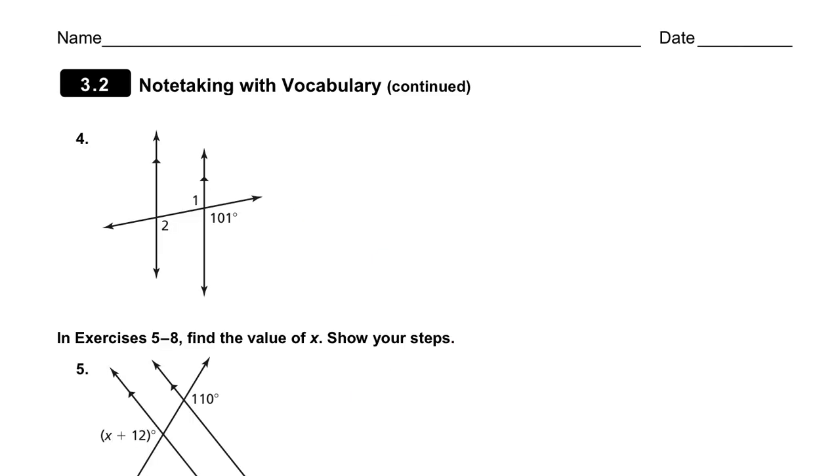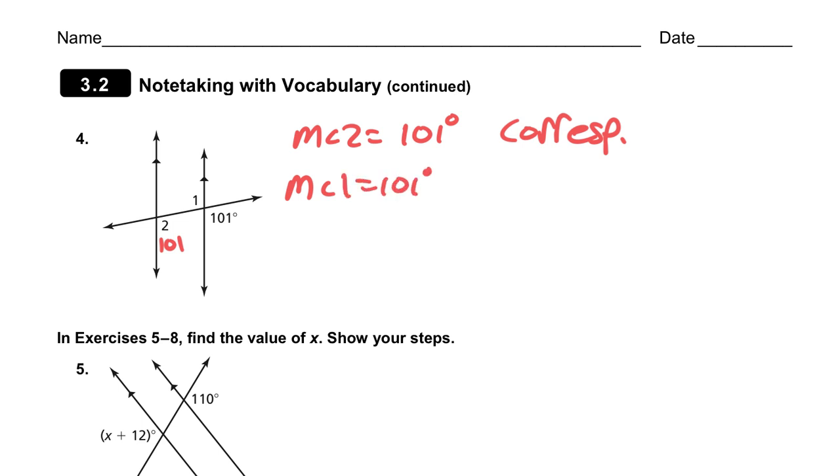I don't want to use the vertical angle theorem, so I'm not going to say anything about angle 1. I'm talking about the measure of angle 2. That's going to equal 101 degrees because we have corresponding angles. But then the measure of angle 1 is equal to 101 degrees because now we have alternate interior angles, because angle 1 is alternate interior with angle 2.